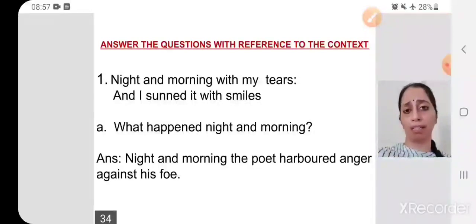He kept it in his heart. It just kept on multiplying, kept on increasing. And this anger was for whom? It was for his enemy, his foe. So night and morning the poet harbored anger against his foe.